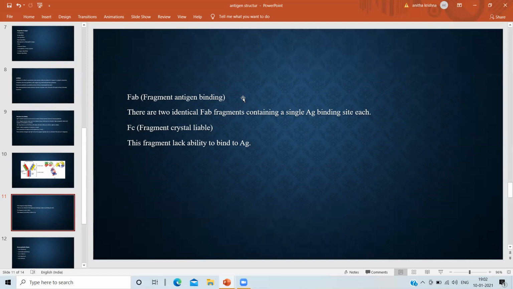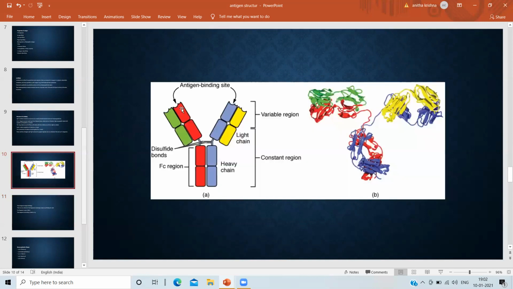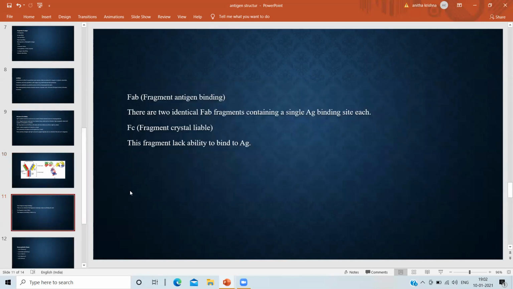As I said, you have heavy chains and light chains, and each Fab fragment contains a light chain and a part of a heavy chain.